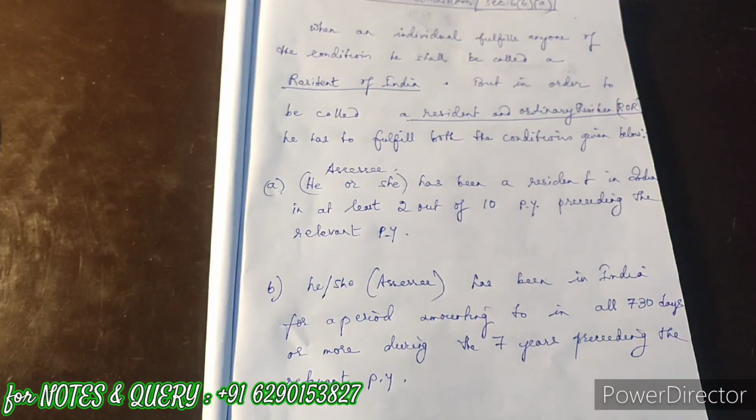So, what are the two conditions of section 6(6) that an assessee has to fulfill? The first is that the assessee has been a resident in India in at least 2 out of the 10 previous years preceding the relevant previous year, and he or she has been in India for a period amounting to in all 730 days or more during the 7 years preceding the relevant previous year.